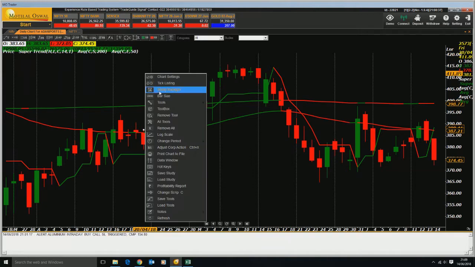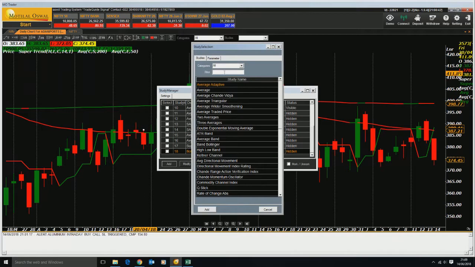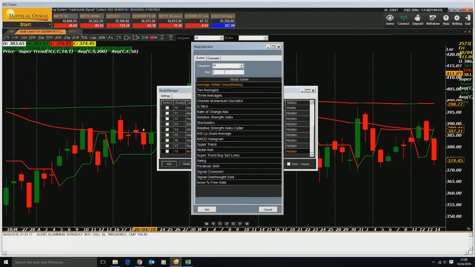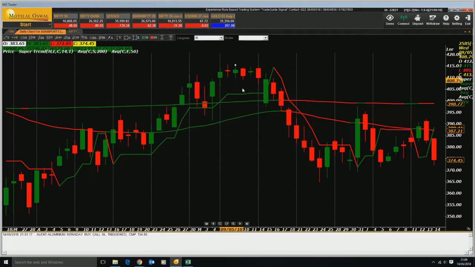I go to the study manager here, click on add and click on super trend. Here, high, low, close period you should put 14 and the multiplier should be 1 or 2. Let's have the same case, and make sure you keep the width at 3 so that it is clearly visible, and you simply add. That's what I have done here.